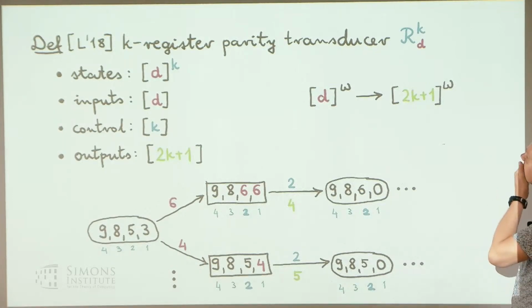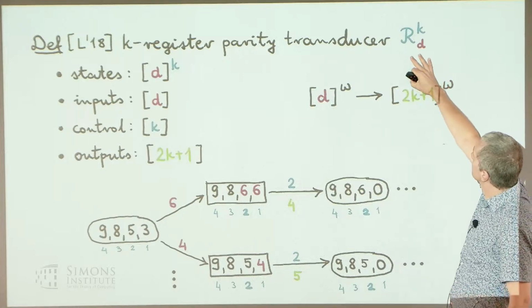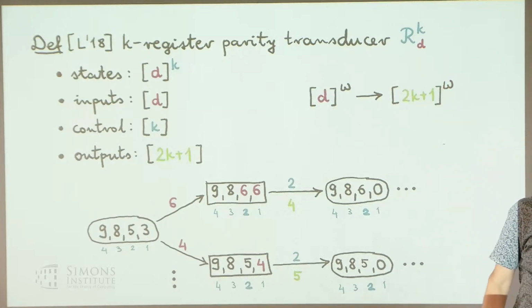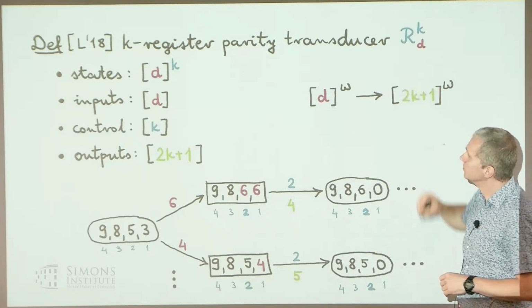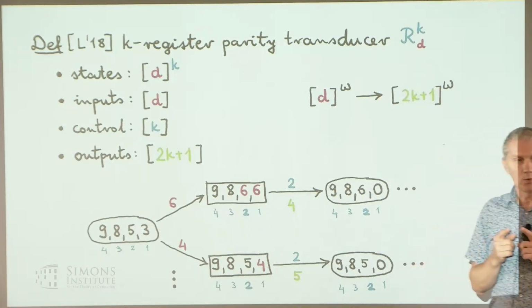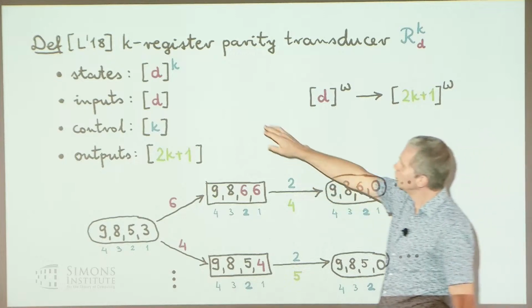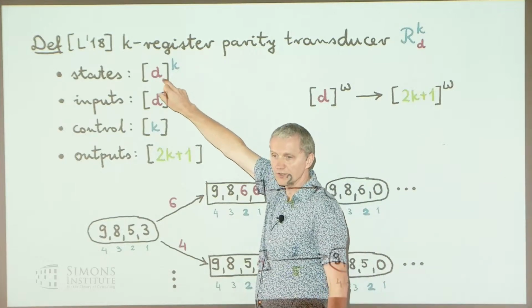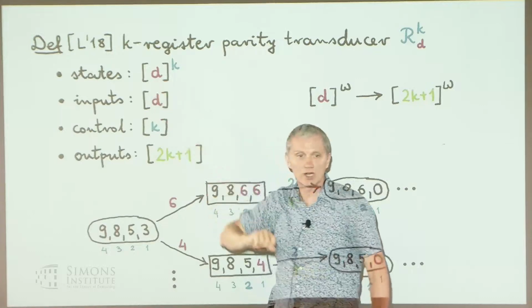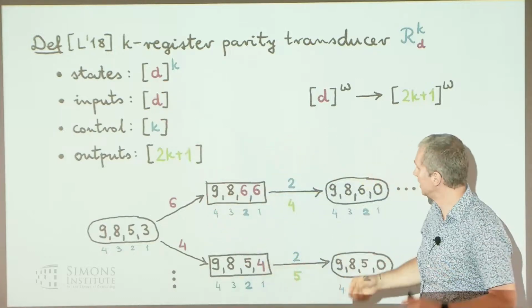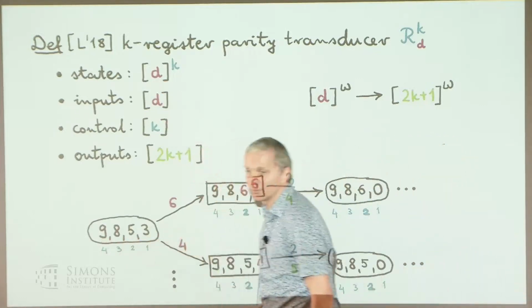So Karoliina proposed to consider so-called register games. I formalize it here as a certain transducer, which has as states k-tuples of priorities in the original parity game. So we have priorities between 1 and d. Now we maintain tuples of such priorities.